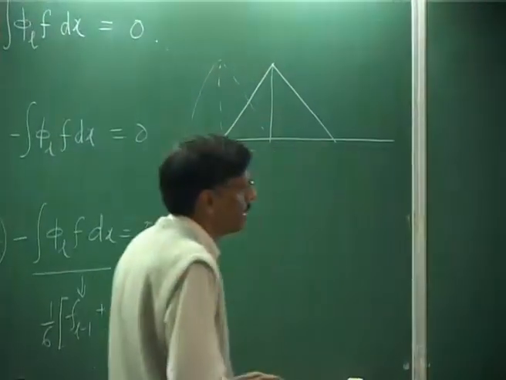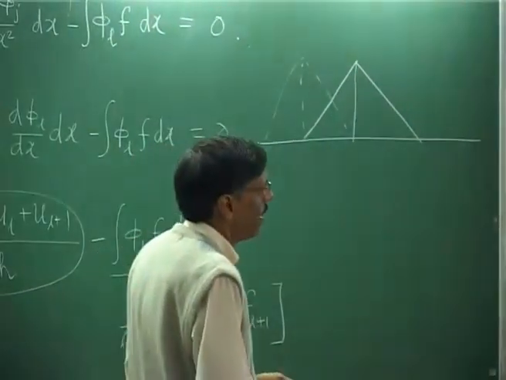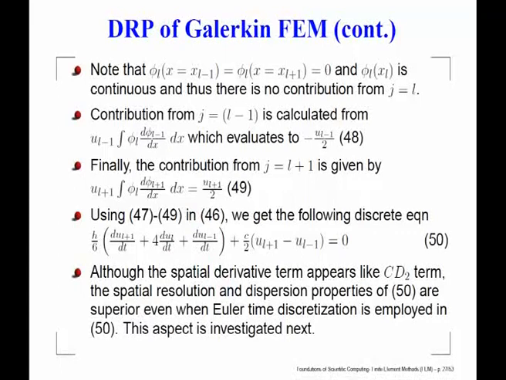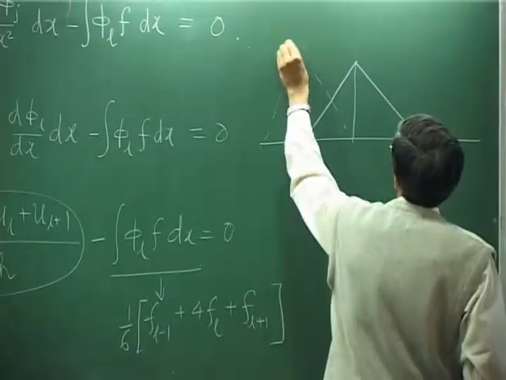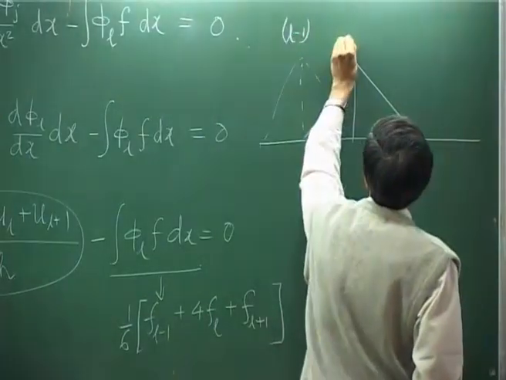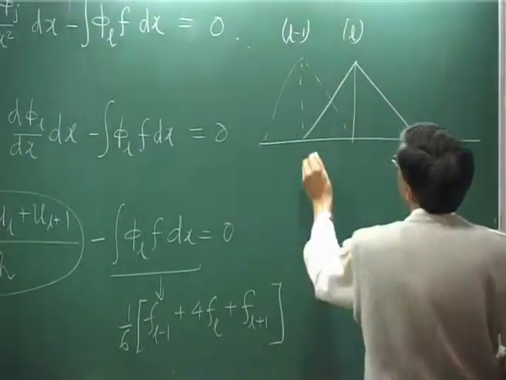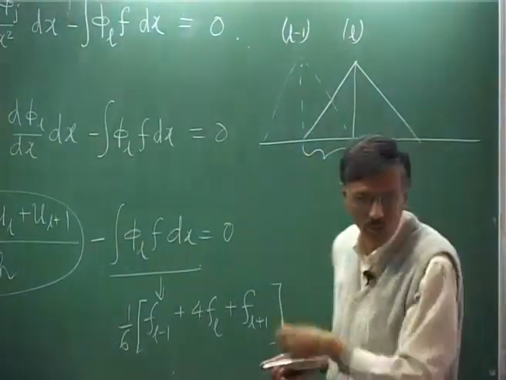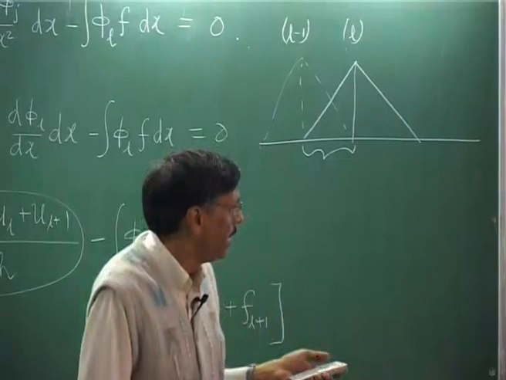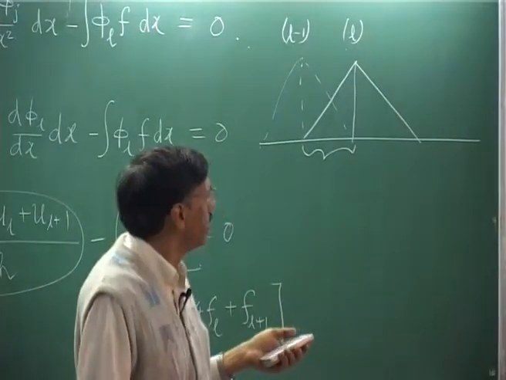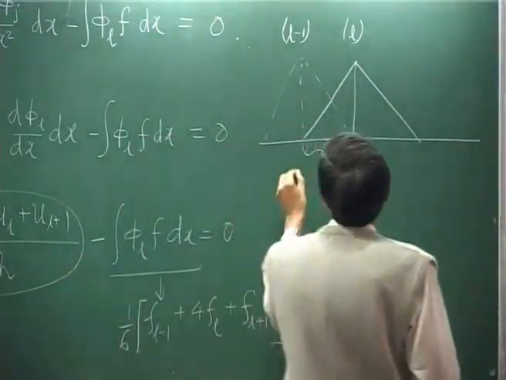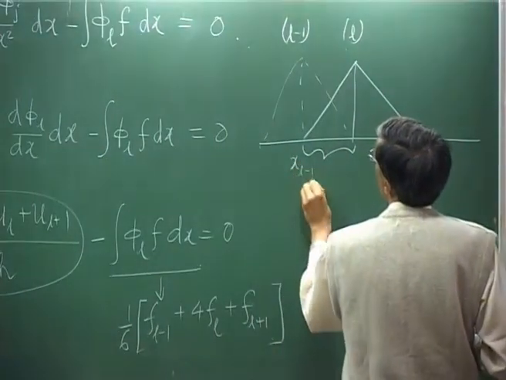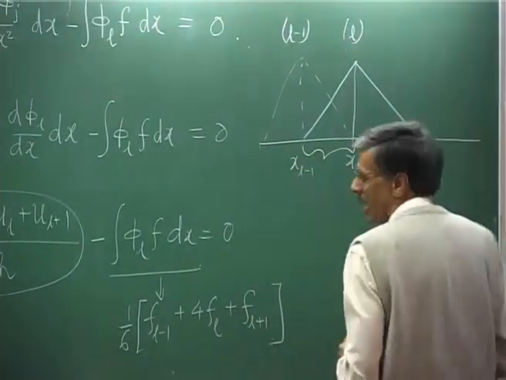So, this integral that we are performing here is L minus 1 interacting with the Lth node. So, this is your L minus 1th node and this is your Lth node. So, the interaction would come only from this region, right. So, that would be nothing but integrating from x L minus 1 to x L, right.